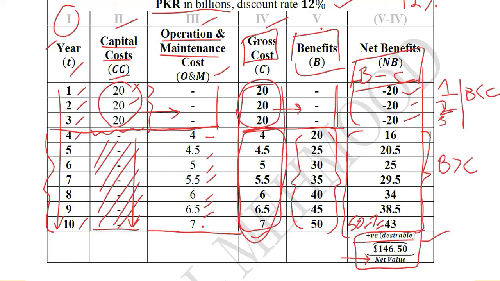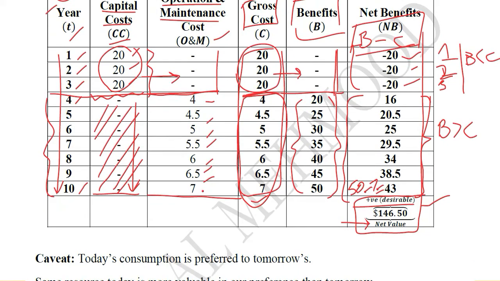And if that good or service gets delayed, the utility declines. It's a natural thing. We would like to have the things we value today rather than having them anytime in future.